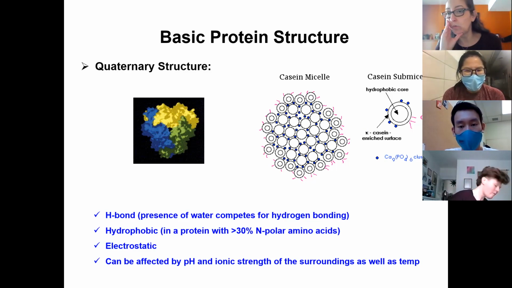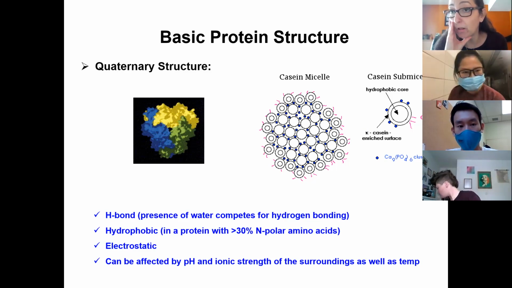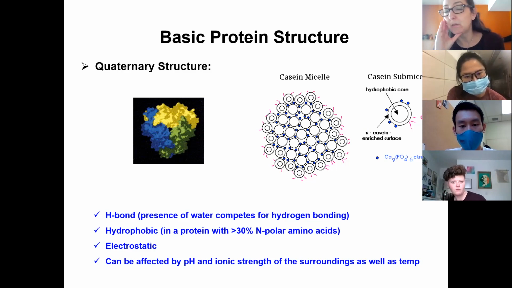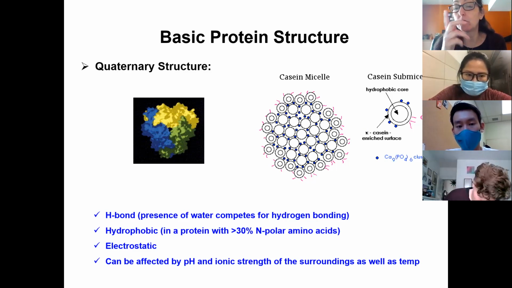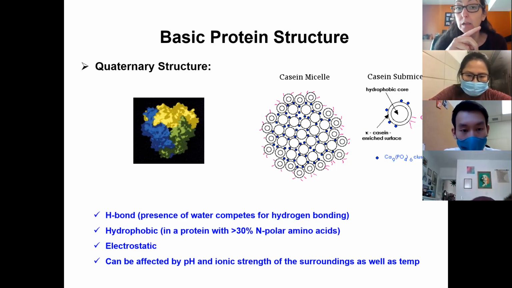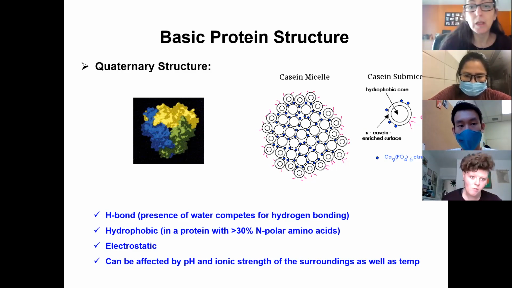But here is just to visualize that the casein micelle is made up of multiple proteins. It's made up of 4 different proteins: alpha S1, alpha S2, beta casein, and kappa casein.